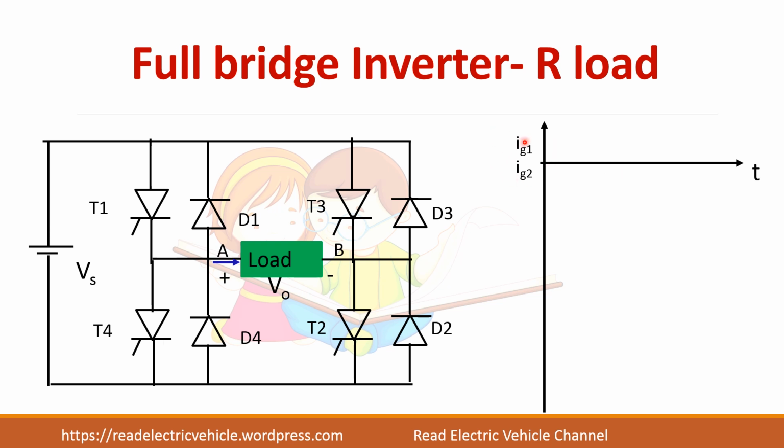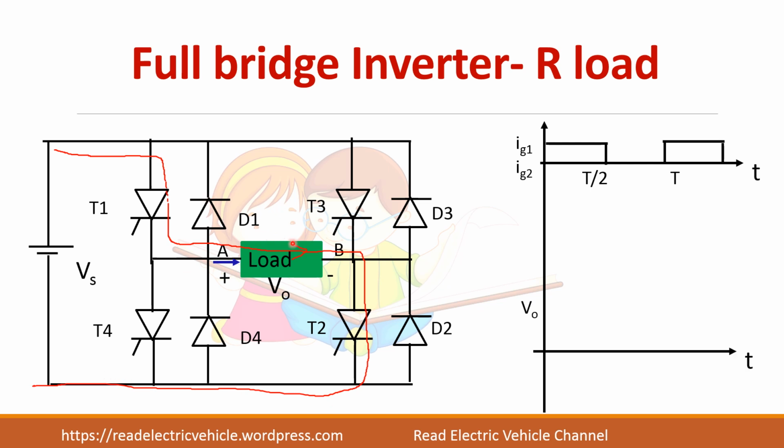I am giving the gate current for thyristor 1 and 2 at the same time. So this is thyristor 1 and here it is thyristor 2. These two devices are turned on at the same instant. So current flows from A to B. Only if T1 and T2 are turned on at the same instant, current can flow through the circuit.